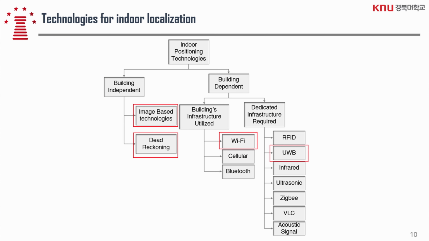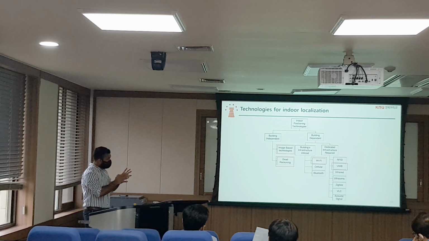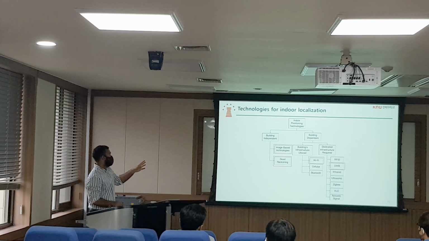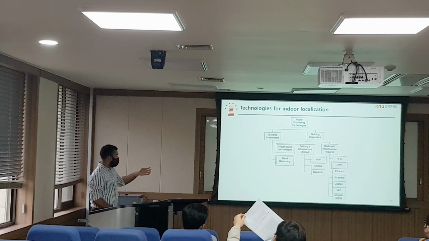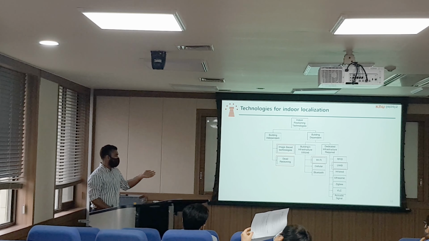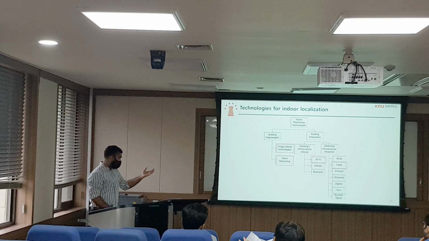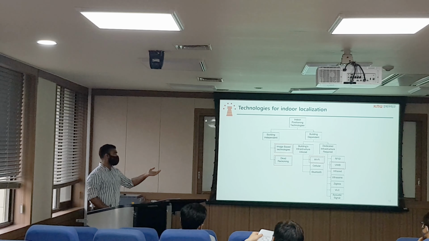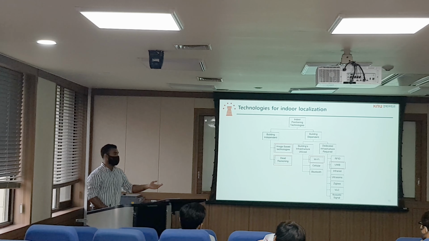So we have Wi-Fi, cellular, Bluetooth based technology, RFID, UWB, infrared, ultrasonic, ZigBee, VLC, visible light communication. We focus on image based technology like camera based localization, dead reckoning, IMU sensor based technology, Wi-Fi RSSI based approach, and also the UWB based system.